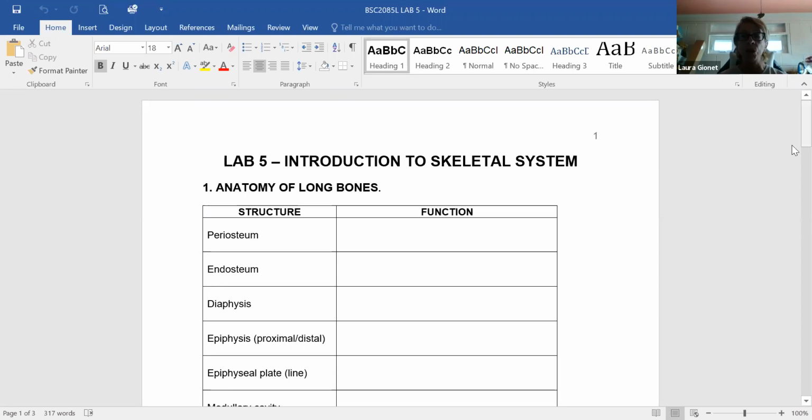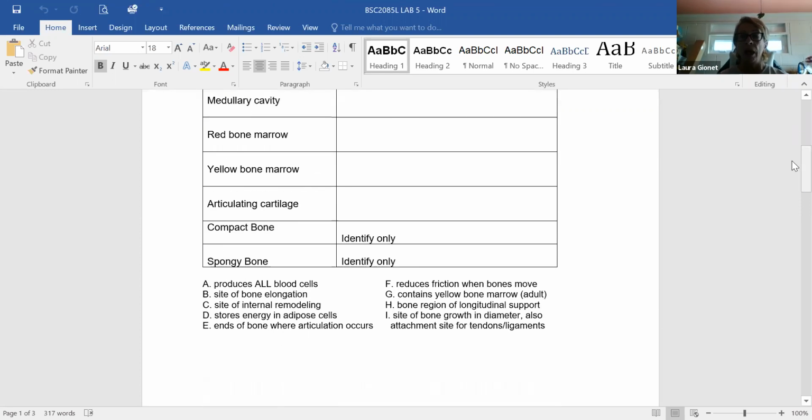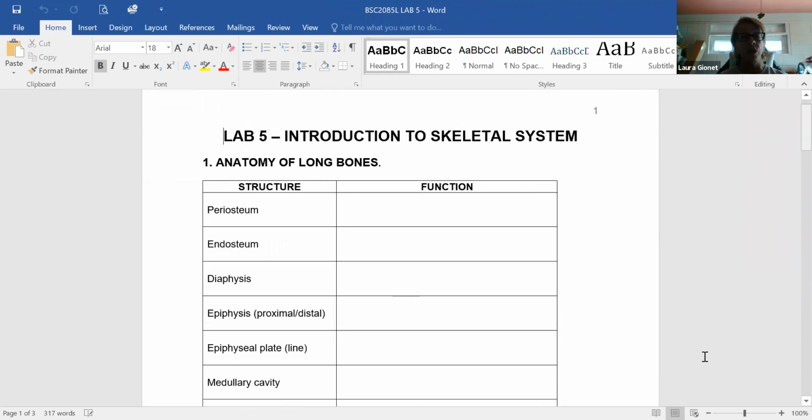All right, so as usual, one of the first exercises is to put some structure and functions together. So let's start with the anatomy of our long bones: the periosteum, endosteum, diaphysis, epiphysis, proximal or distal. The epiphyseal plate/line. Epiphyseal plate is an open growth plate.